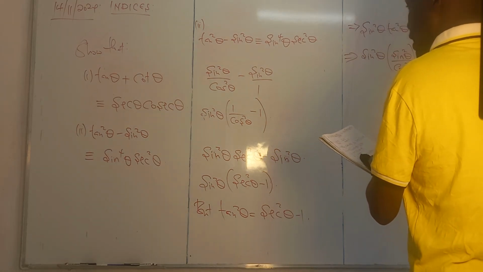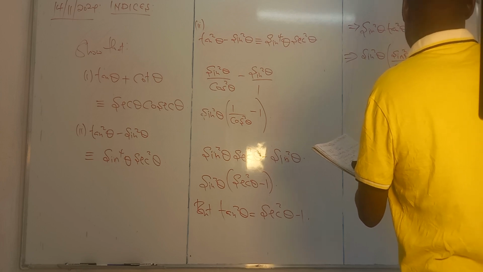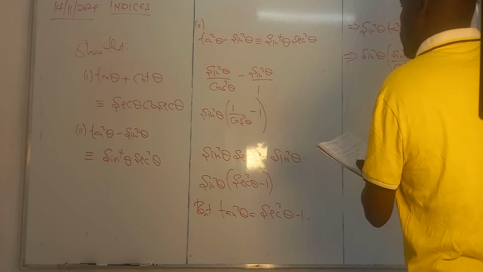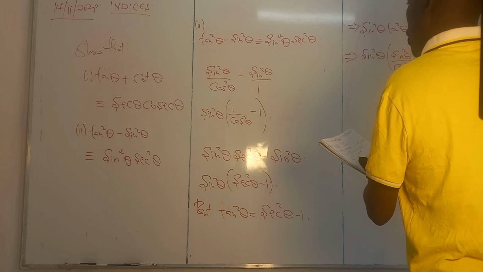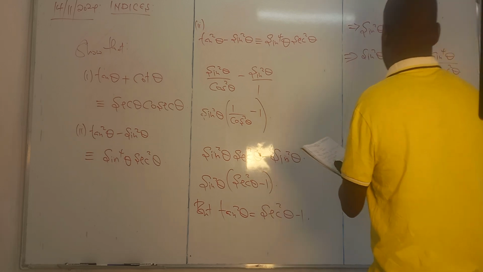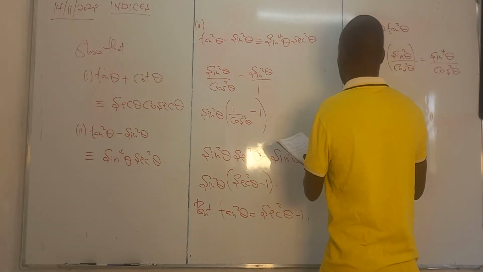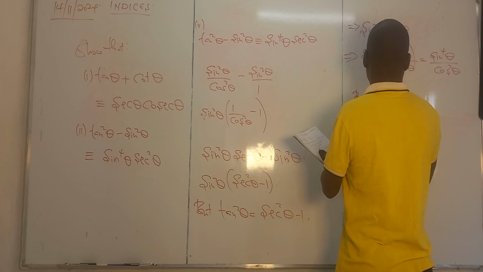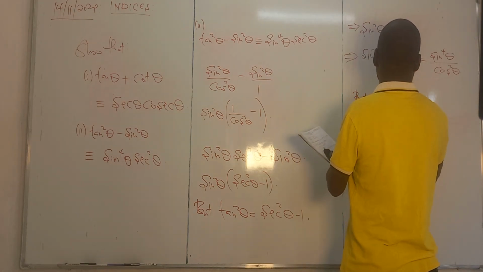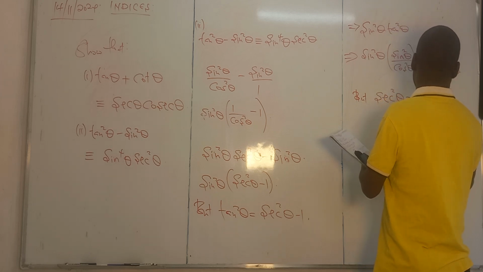But we say sec squared theta is 1 over cos squared theta.